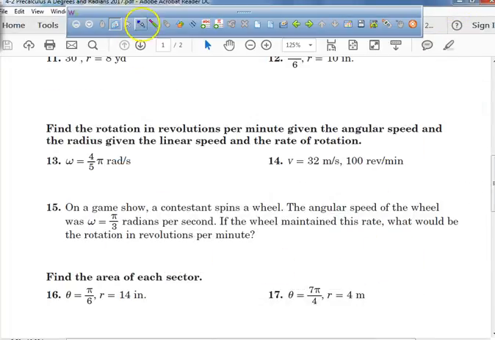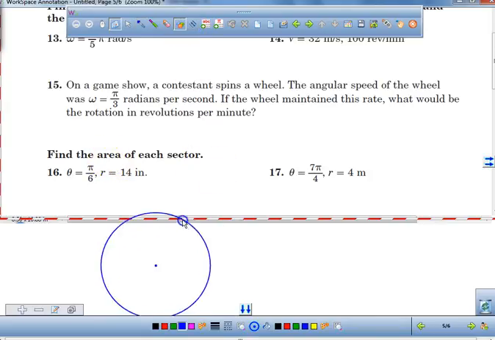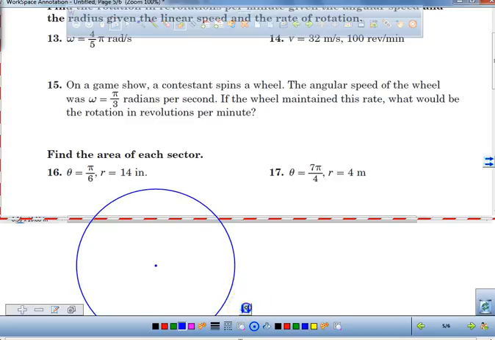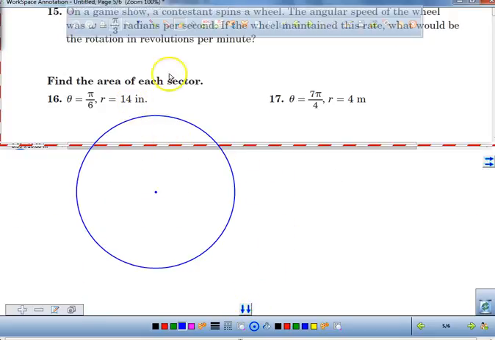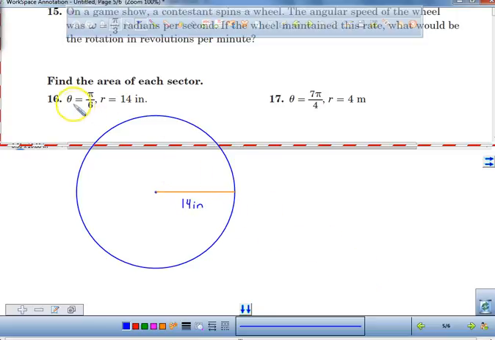Very last problem we're going to do is find what's called the area of the sector. Right now I'm going to draw a circle. This circle has a radius of 14 inches. Now, what is theta equal to?